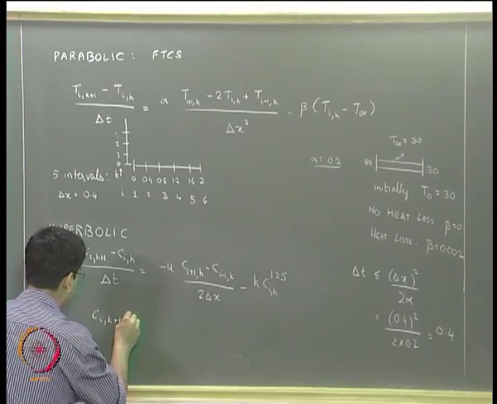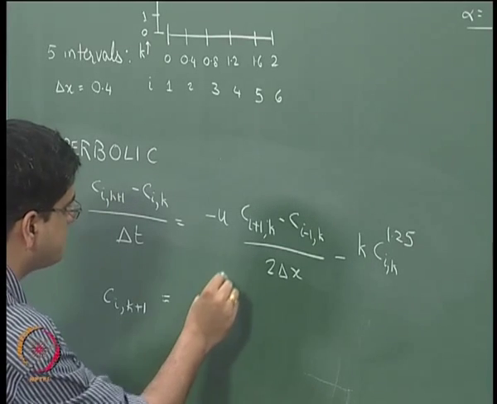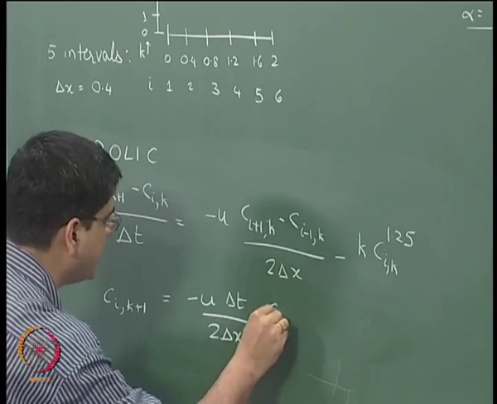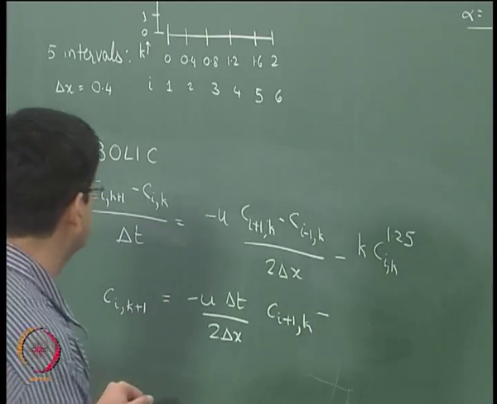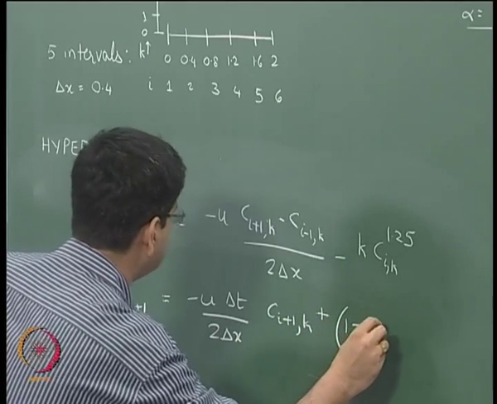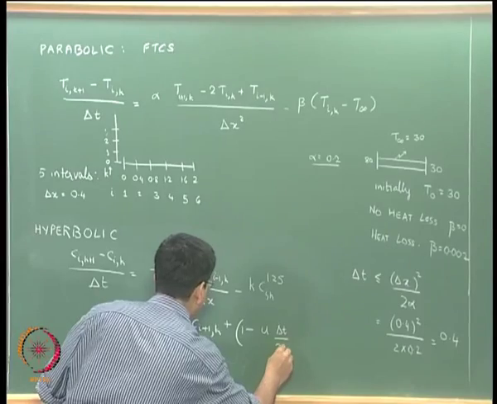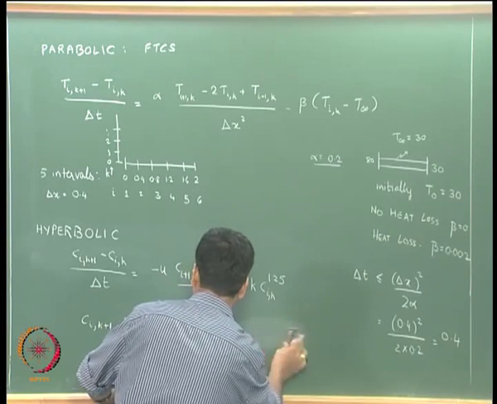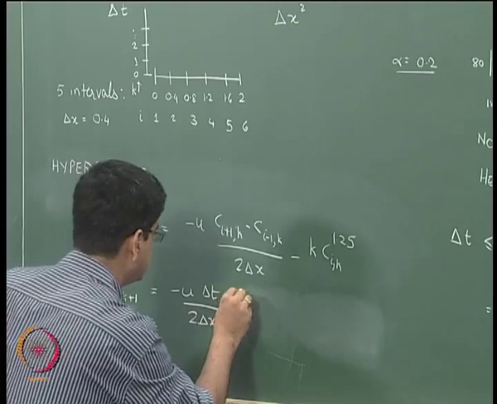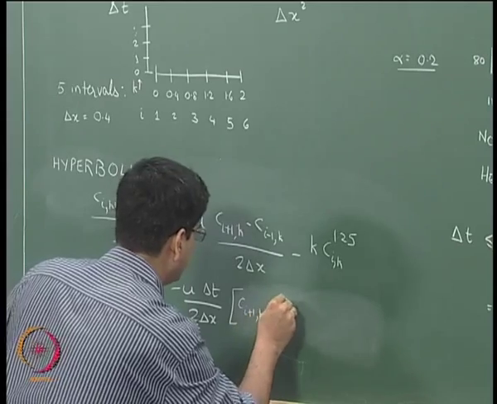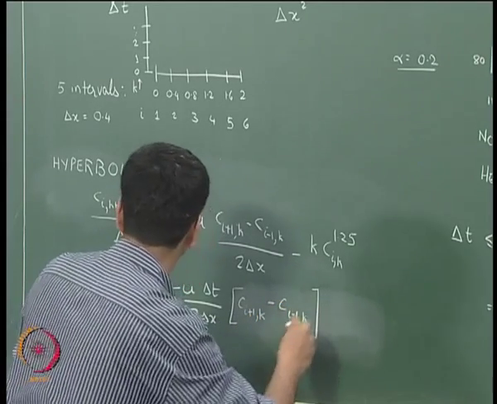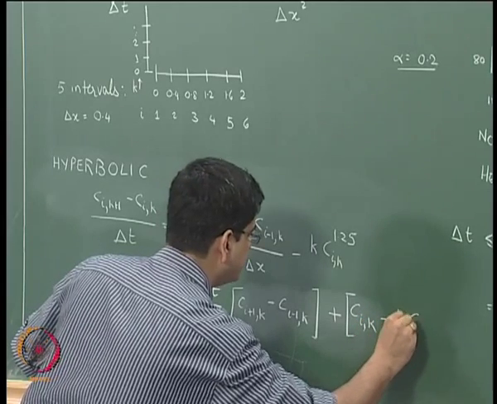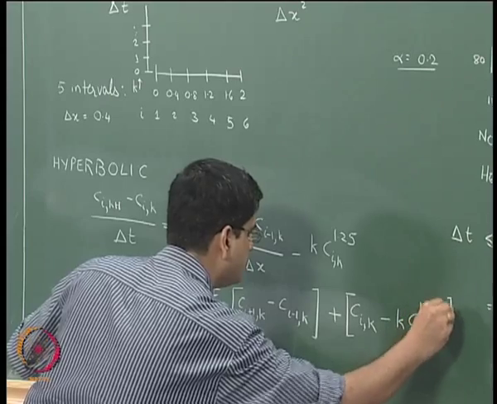Ci,k+1 should be equal to minus u delta t divided by 2 delta x multiplied by (Ci+1,k minus Ci-1,k), plus Ci,k, minus k times Ci,k to the power 1.25.